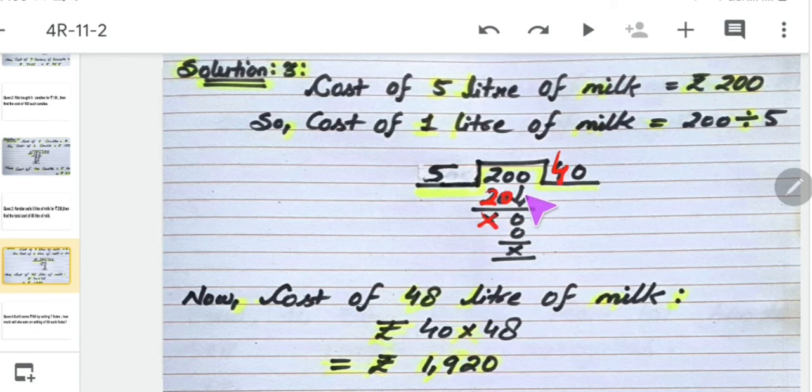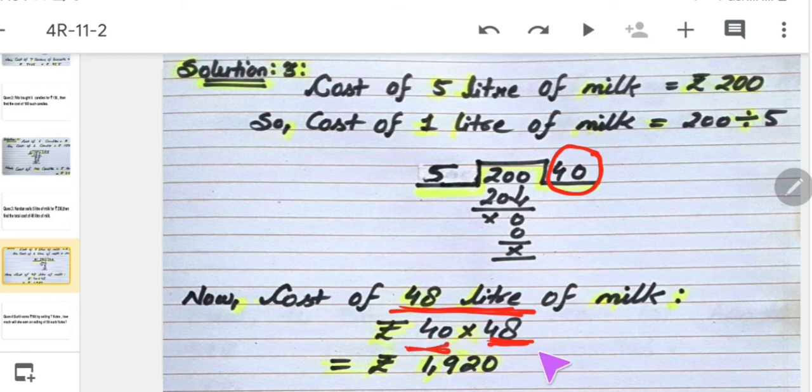Nothing in remainder. Then this 0 will come down and 5 into 0 gives us 0. So we will have nothing in remainder. So the price for 1 liter of milk is 40 rupees. Now we can easily find the price of 48 liters of milk by just multiplying 48 with the price of 1 liter of milk, which is 40.